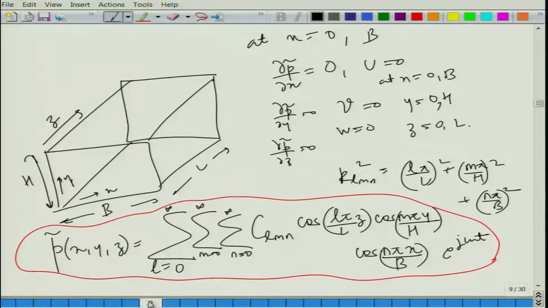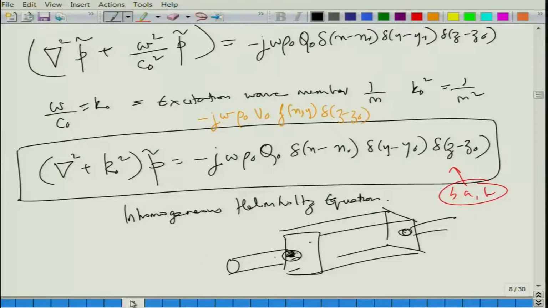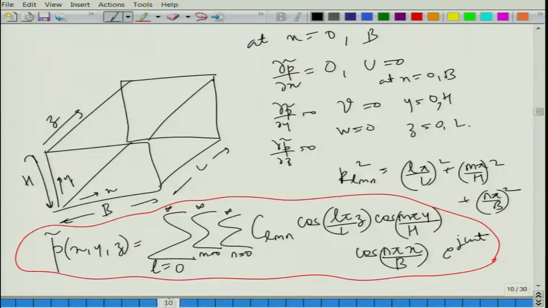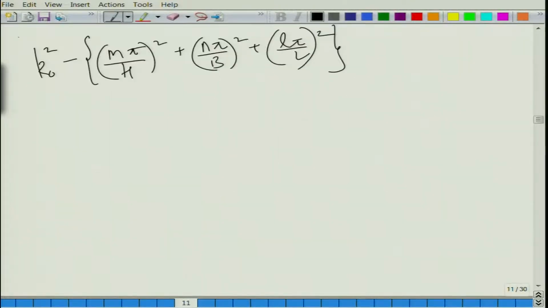So, we get this, and then you get your k square, C L m n and all these cos functions. Okay, this summation is there, of course. This is a triple summation over L m n.